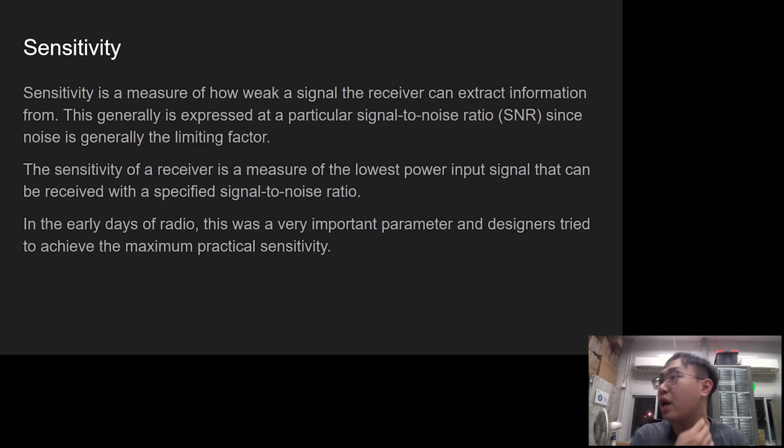Sensitivity is talking about how a radio compares the signal strength with the noise, how strong a signal they can receive.